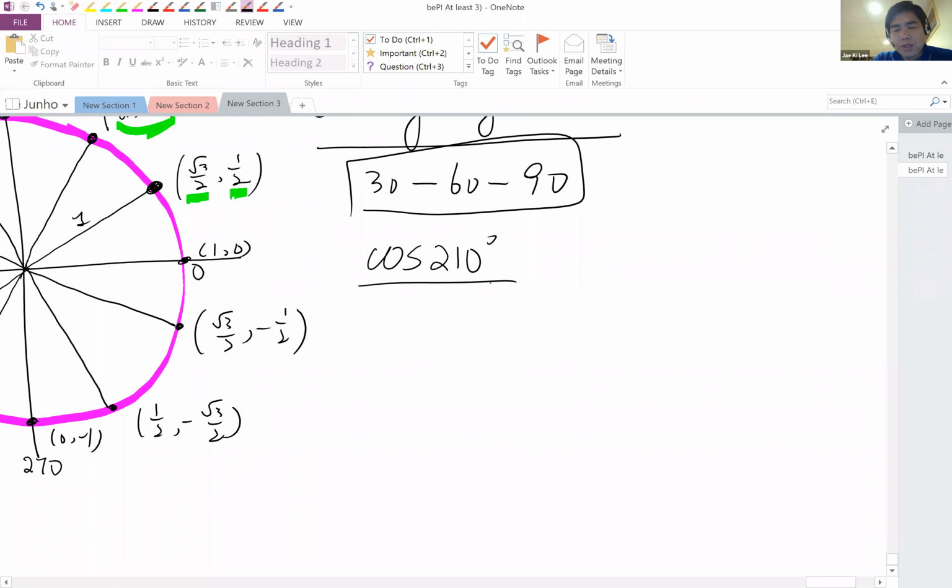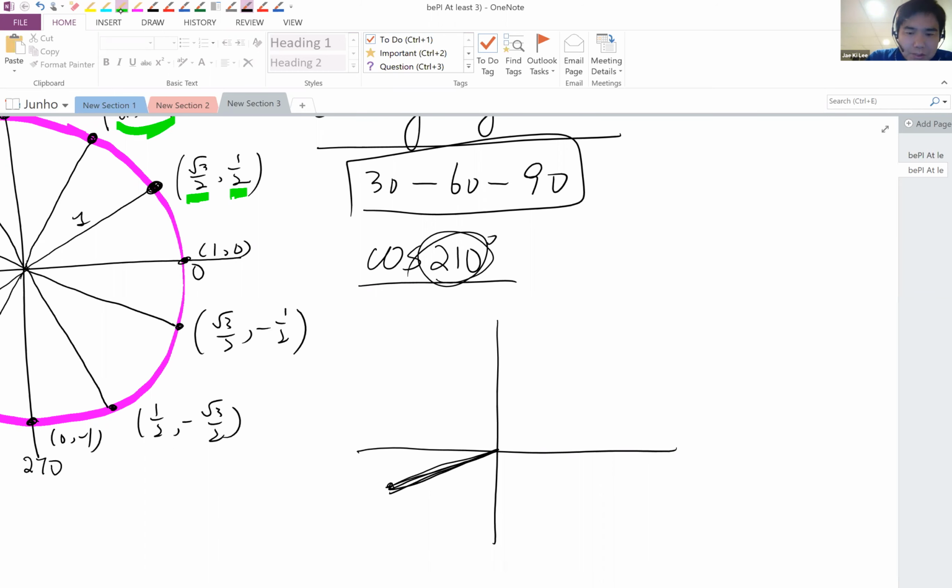If I ask you cosine 210, then you can measure this way. On the plane here, 210 means right here. How do I know? Because 210 is right next to 180. So right here.